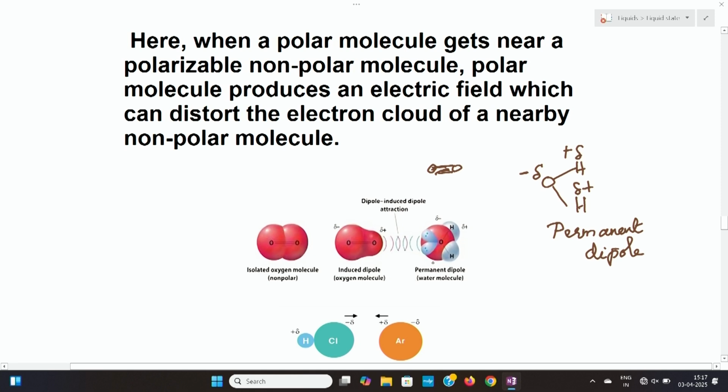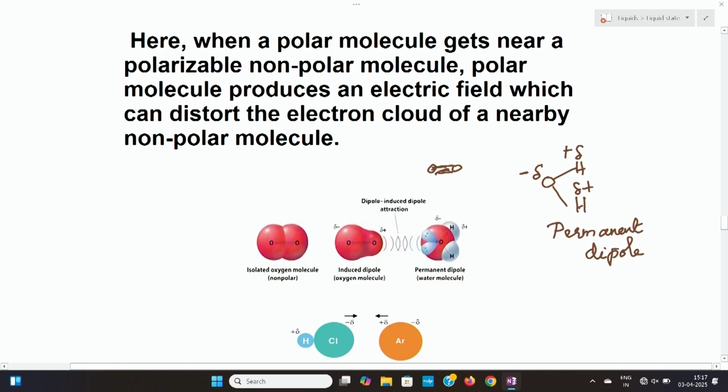How is it happening? That is our question. The electron cloud of this oxygen molecule is getting distorted by the effect of this water molecule.